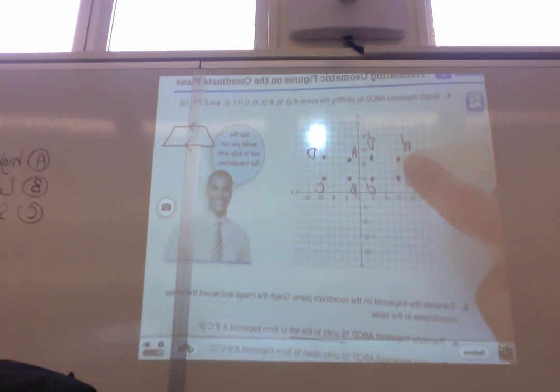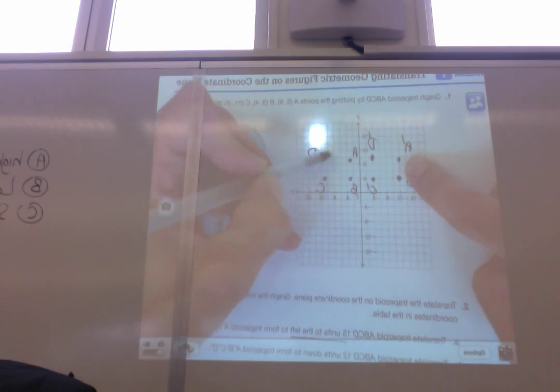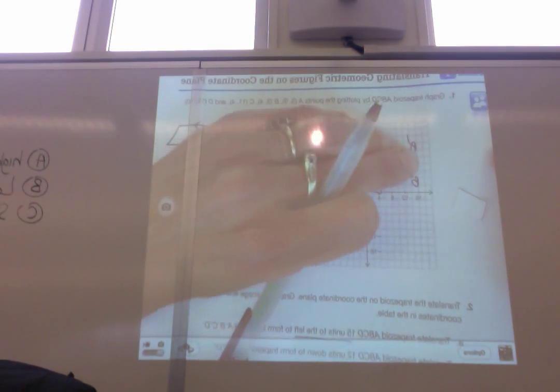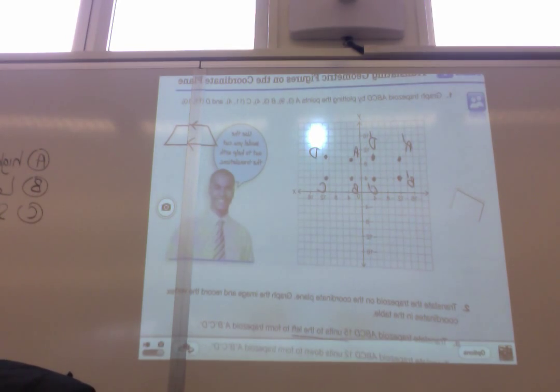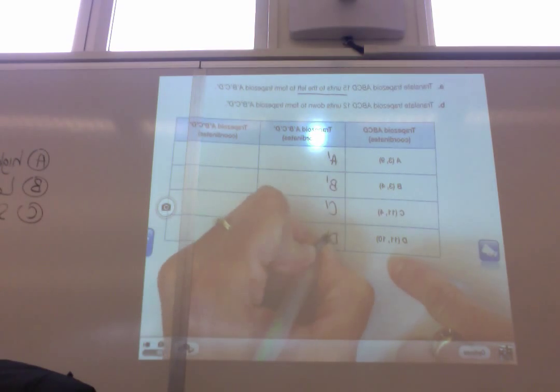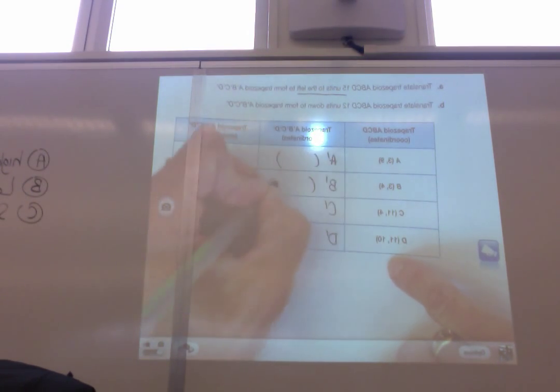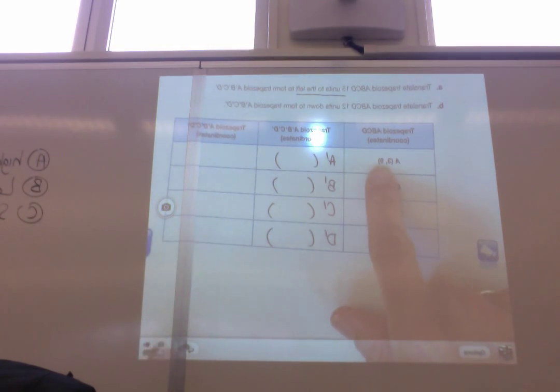So my new A is at negative 12 on the x-axis. Has the y-axis moved? No, because it just slid right on over. It didn't go up and it didn't go down yet. So if I look at A prime, D prime, the first thing that I can go ahead and do is put in the same y values.